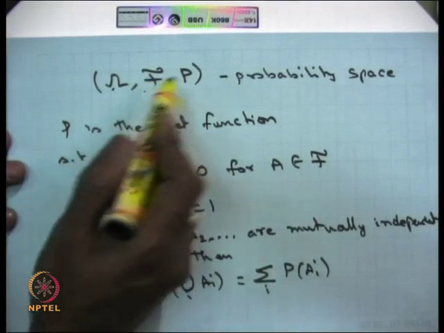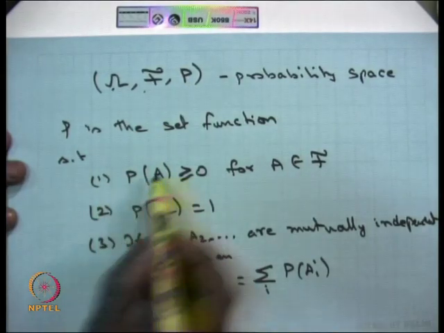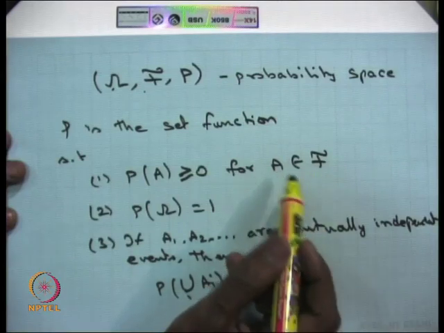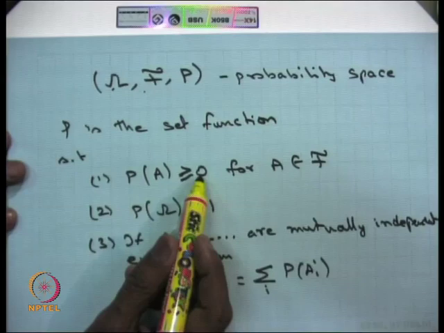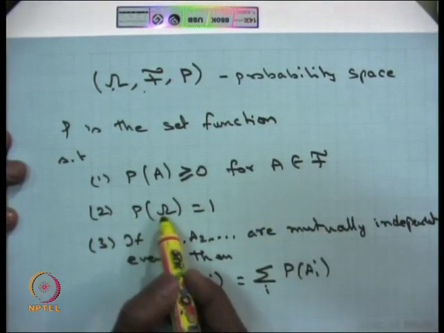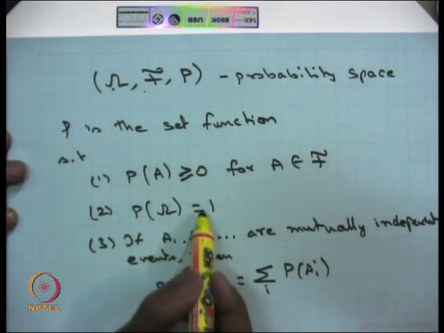P is the set function such that any element you take from F is an event. So the P of any event is always greater than or equal to 0, and if you take the event omega, which is also one of the elements in F, then P of omega is equal to 1.